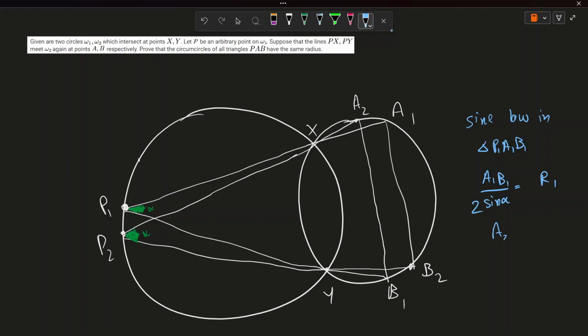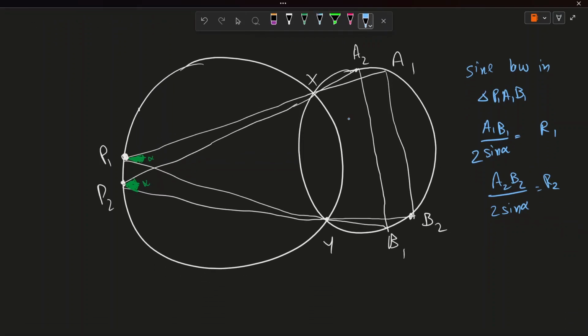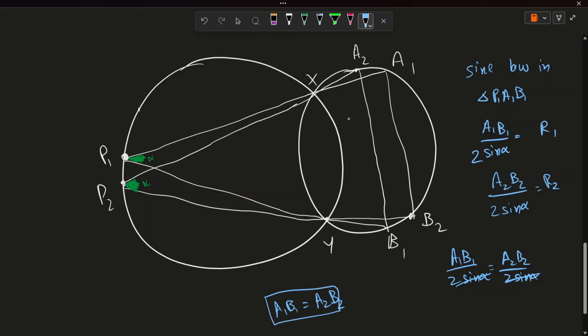And similarly, we can write A2 B2 upon 2 sine alpha equal to R2. So we need to prove that R1 equals R2. So we need to prove that A1 B1 upon 2 sine alpha equals A2 B2 upon 2 sine alpha. So we need to prove that A1 B1 equals A2 B2. So this is what we need to prove.